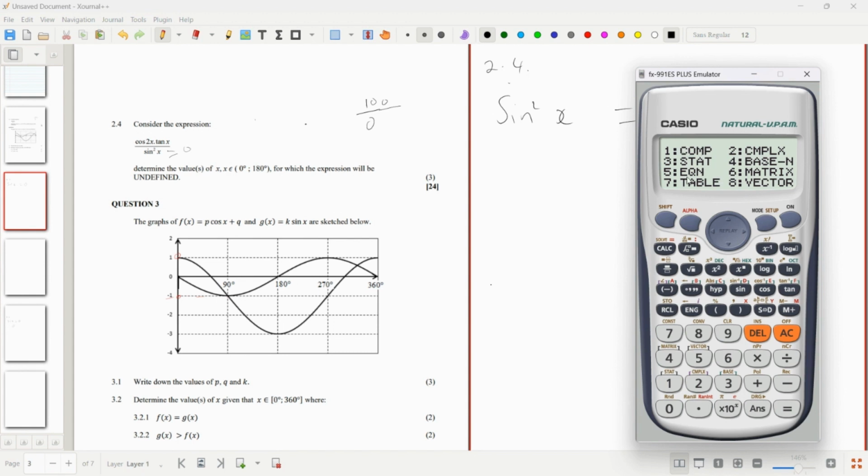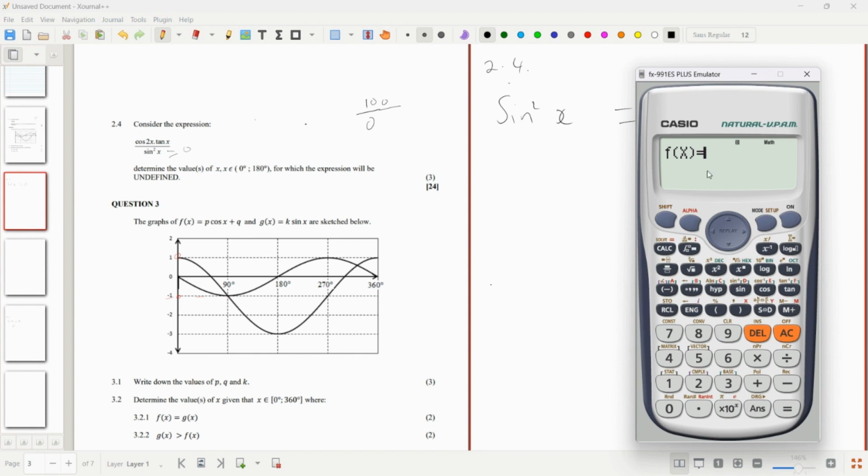For my case, I have 8 options, and I have 7 as my table, so I'll select 7. If you have 3 as your table, select 3.